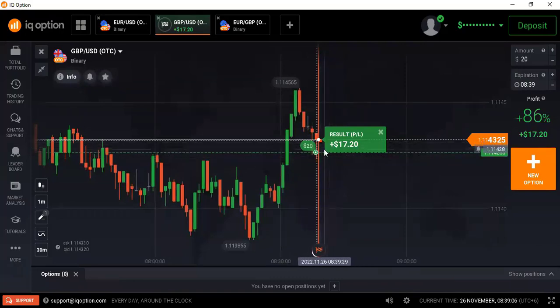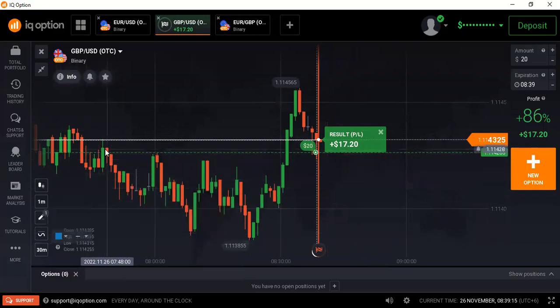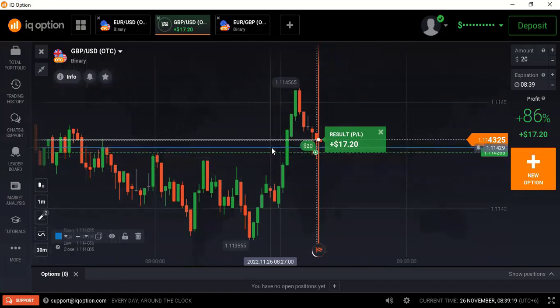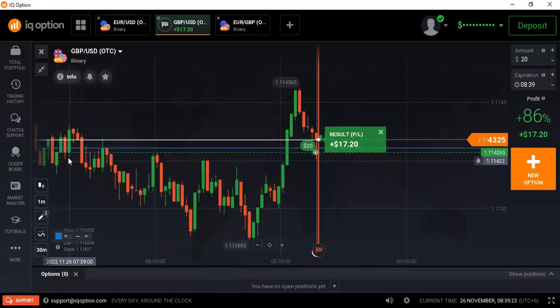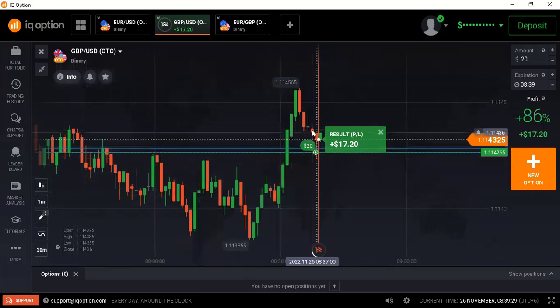So now I'm explaining the reason for placing my trade here. There is a level here. This was the level. Previously, this candlestick first got rejected from this level and closed here.